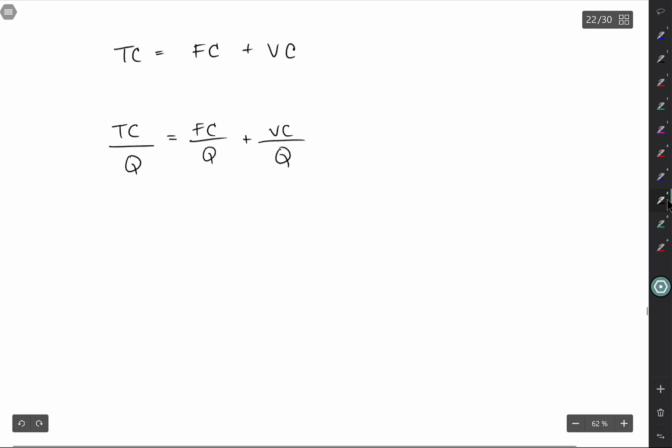So, what's this telling us? This is telling us that the average total cost is the sum of average fixed costs, on average, what's your fixed cost, plus, on average, what's your variable cost, right? And so we're going to use abbreviations for that as well. We have average total costs. Let me write it out, actually.